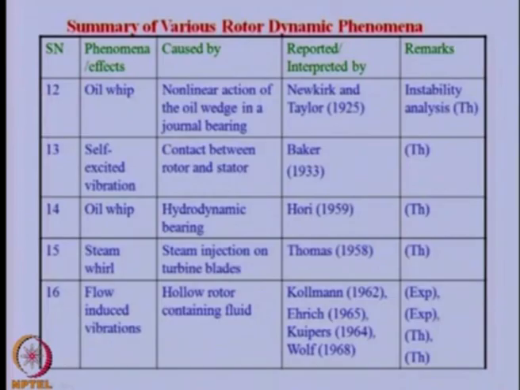Oil whip was observed by Newkirk and Taylor in 1925. Self-excited vibration due to contact was first reported by Baker. Oil whirl in hydrodynamic bearings was described in more detail by Hori in 1959. Steam whirl was reported in steam turbines by Thomas in 1958.